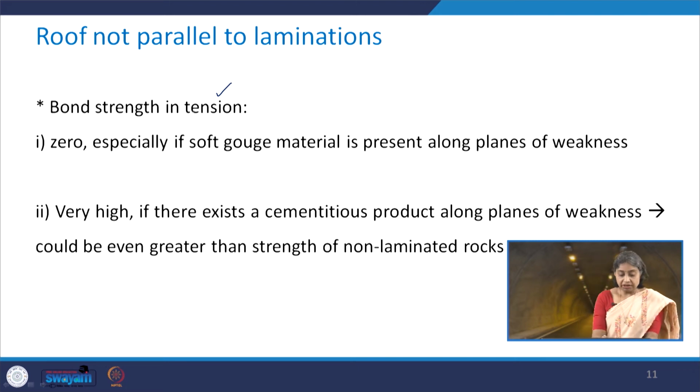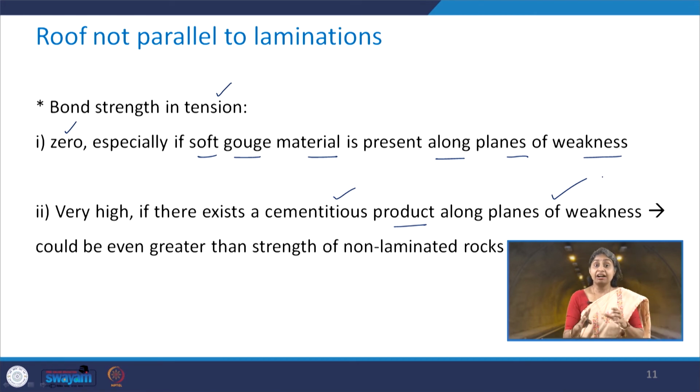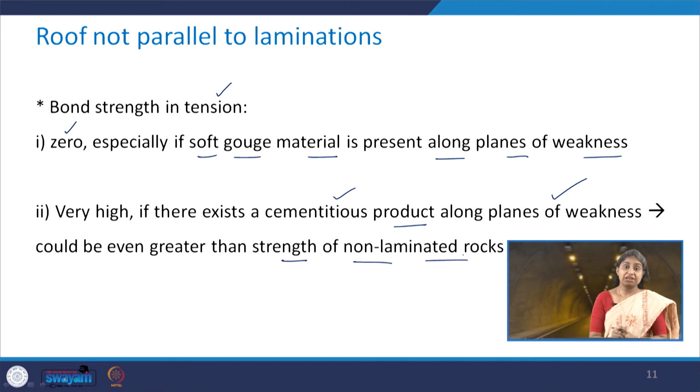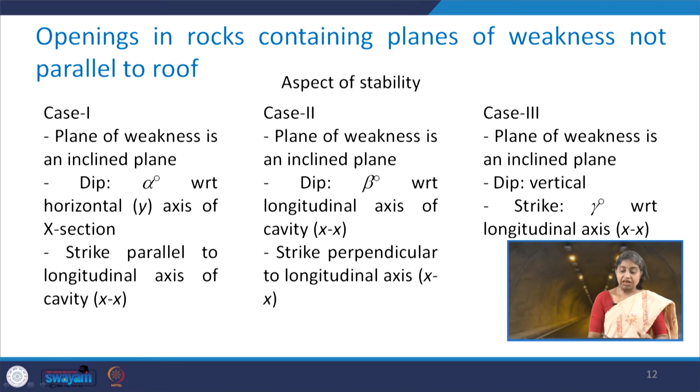Now, the bond strength in tension is 0, especially if there is soft gouge material along the planes of weakness, but this can be very high if there is a cementitious product along the planes of weakness, and it can become even greater than the strength of the non-laminated rocks. So, one needs to be careful here as well.